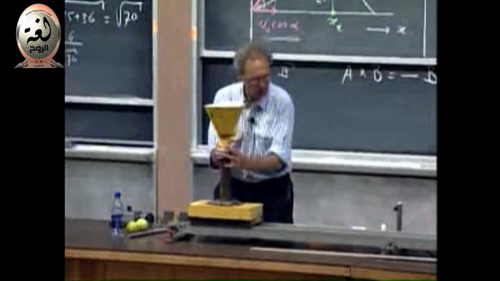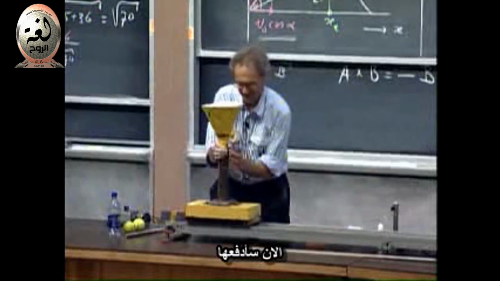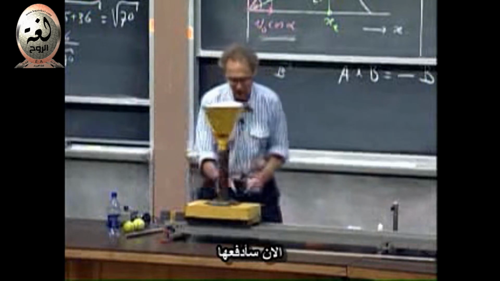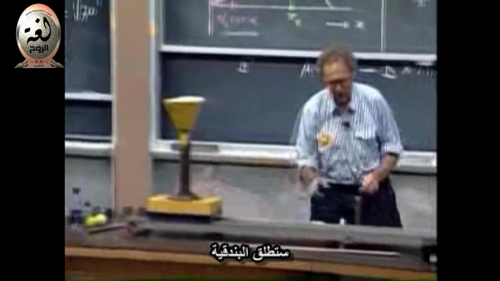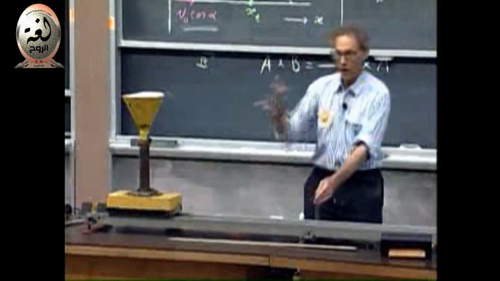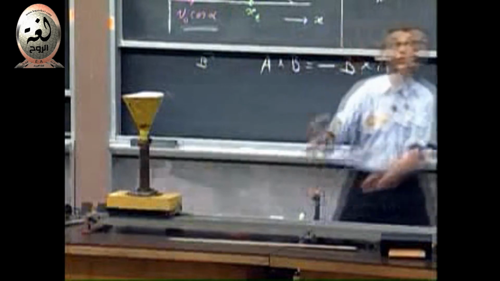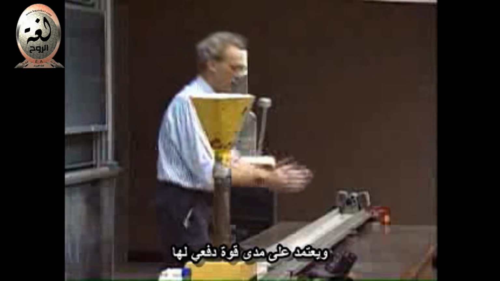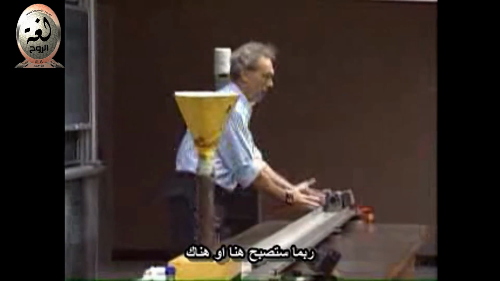So as I'm going to push this now, give it a push, the gun will be triggered when the middle of the car is here. You've seen how high that ball goes, so that ball will go. And depending upon how hard I push it, they may meet here or they may meet there.